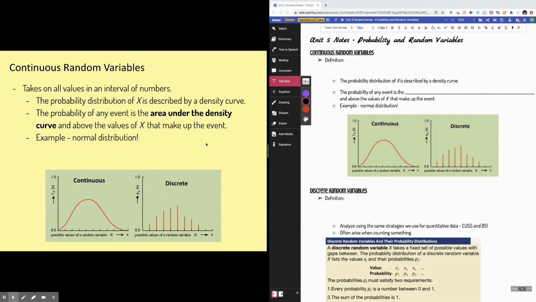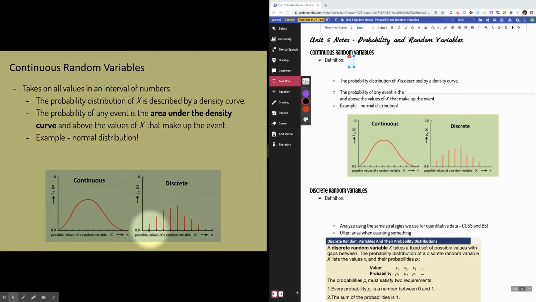There are two types of random variables. In this video, I'm just going to talk to you about continuous random variables, because the next video is all about discrete random variables. You probably remember from your algebra classes the difference between continuous and discrete. Discrete means that the values in the distribution can only take individual values, like integer values.